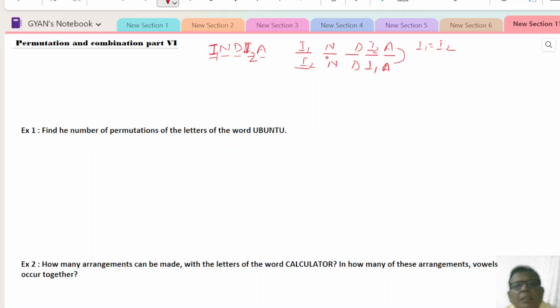So for any two I's, if I1 is replaced by I2, you will see this also, I1 N D I2 A or I2 N D I1 A. Both are same.